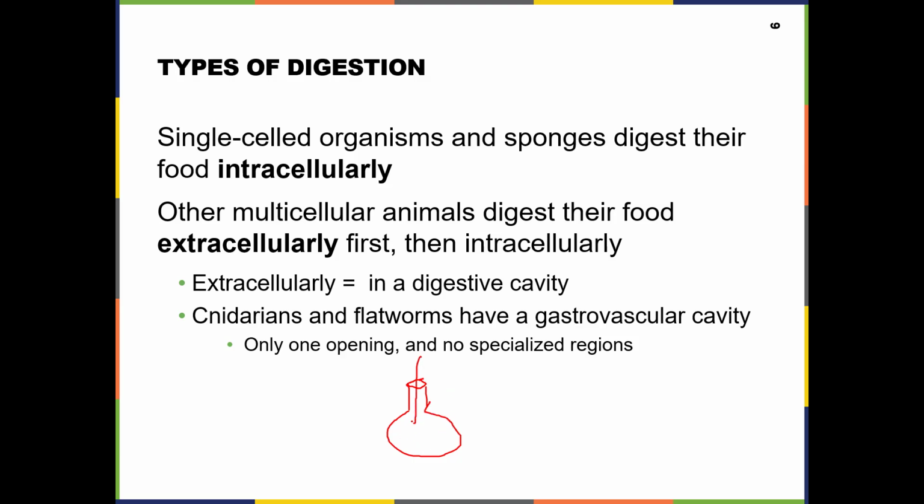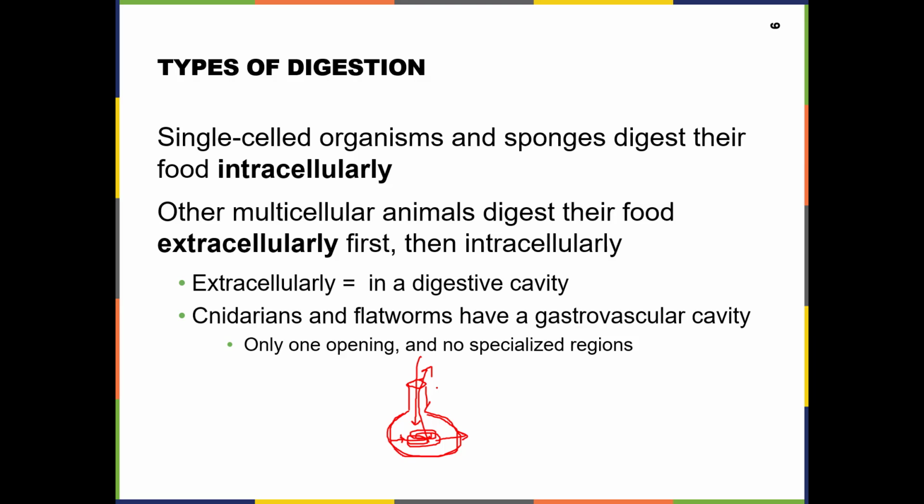The food goes in, the lining of this cavity secretes enzymes into the space, the molecules are broken down. Anything that can be absorbed is absorbed. Anything that can't be broken down goes back out the mouth.